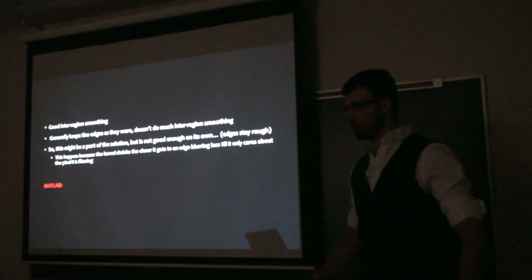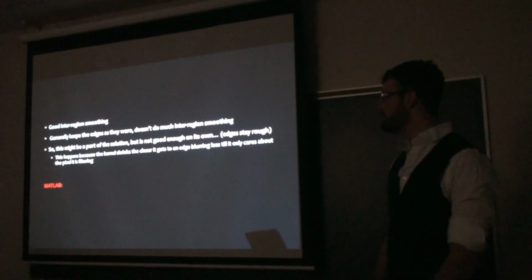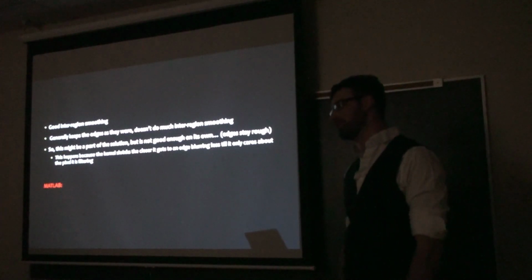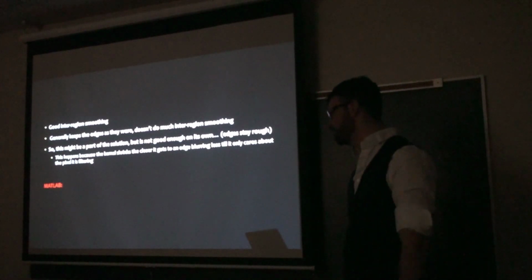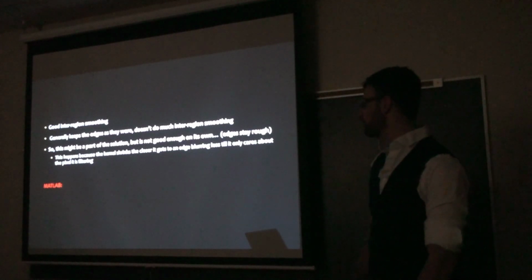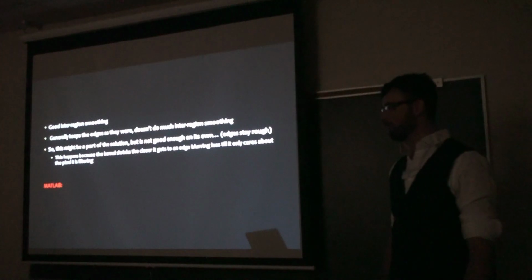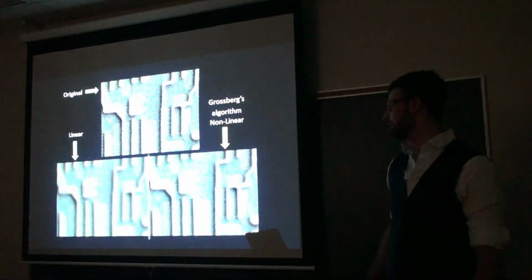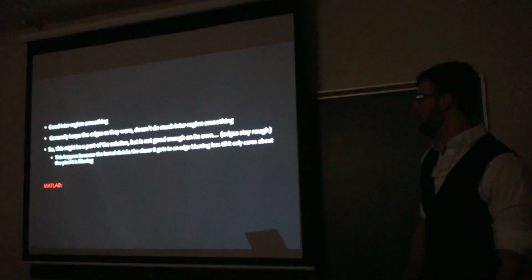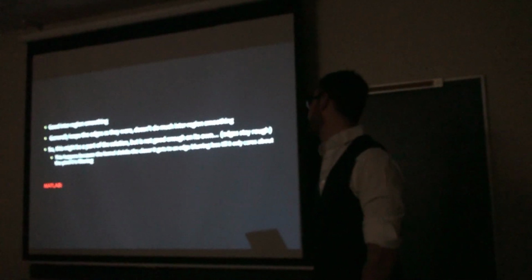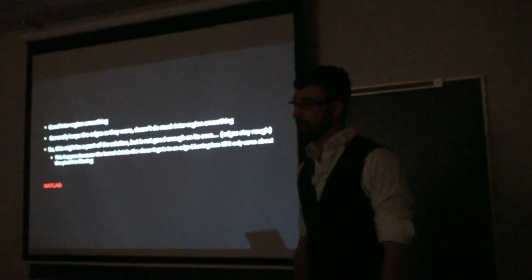So interregional smoothing, good. It generally keeps the edges where they were, and doesn't do as much interregional smoothing across edges because they're not in the same region. This might be a part of the solution, but it's not good enough on its own. Edges still stay really rough. This happens because the kernels shrink the closer they get to the edge, blurring less till they only care about the pixel they're filtering.